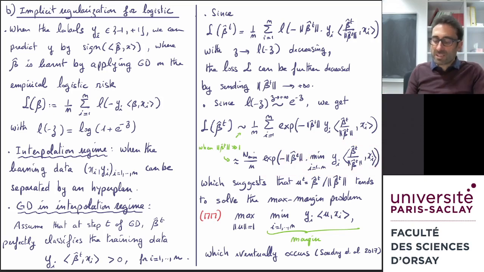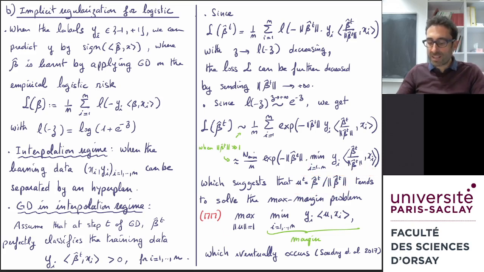What you can imagine is that gradient descent tries to go to 0 as fast as possible, so it will try to make this quantity as large as possible. Okay, so it makes sense to believe that if you look at the direction given by your gradient descent, it will try to maximize this quantity.